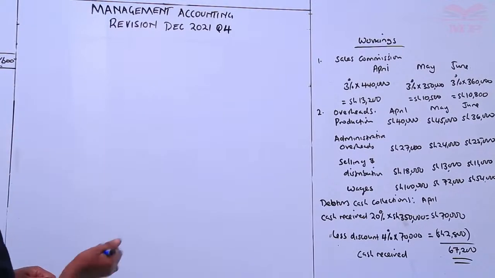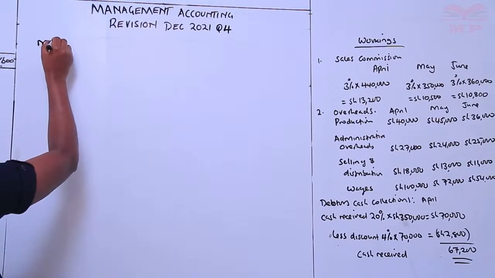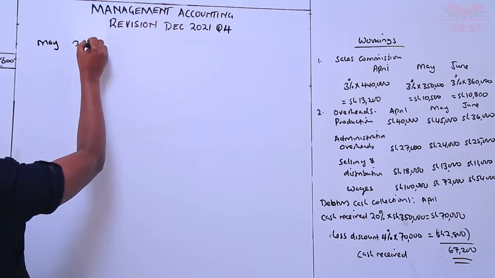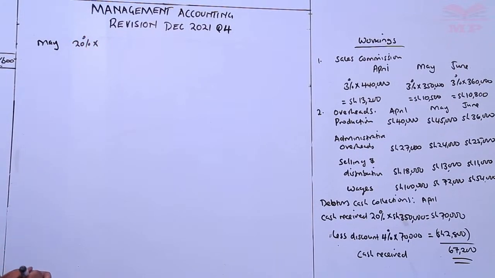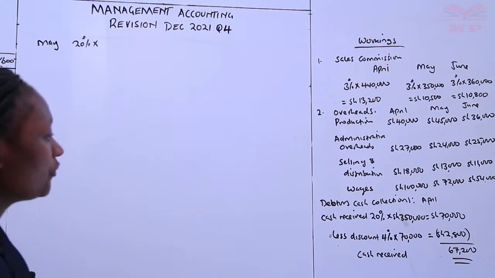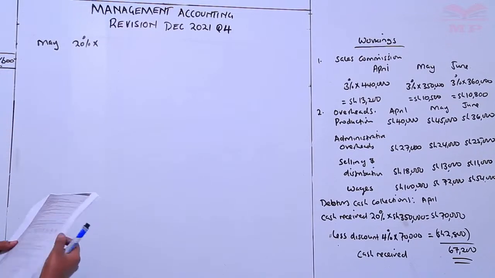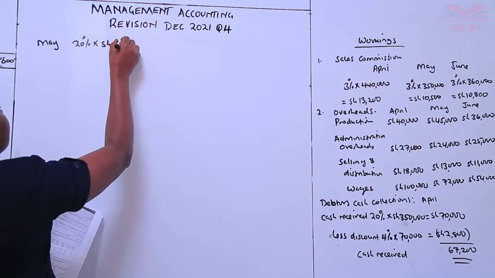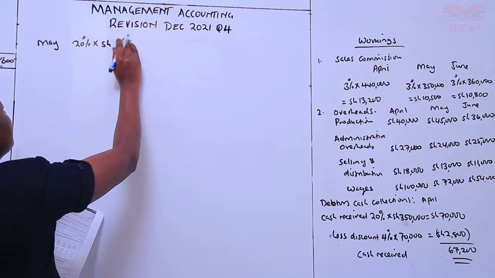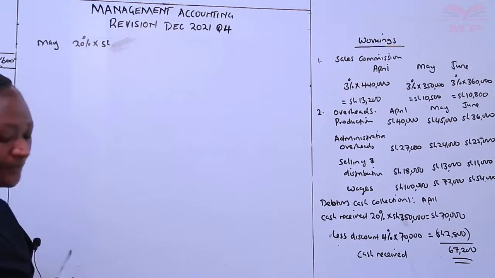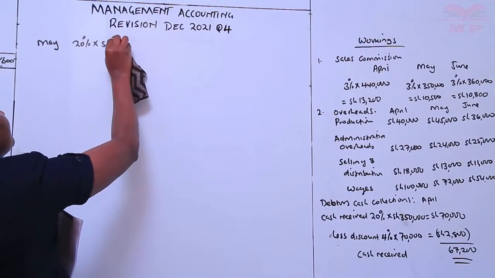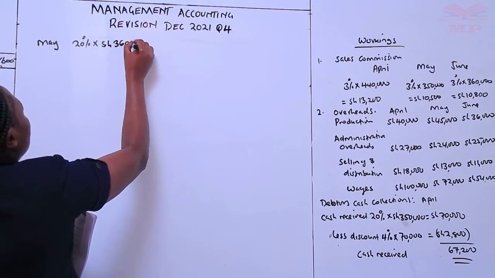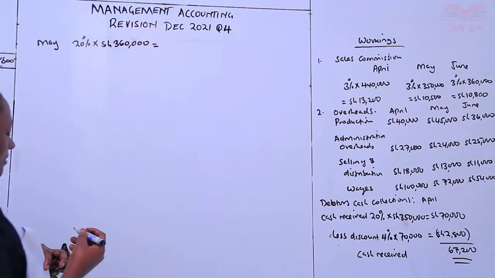We do the same for the month of May. For the month of May, we are to calculate 20% of the May sales. The May sales were 360,000.